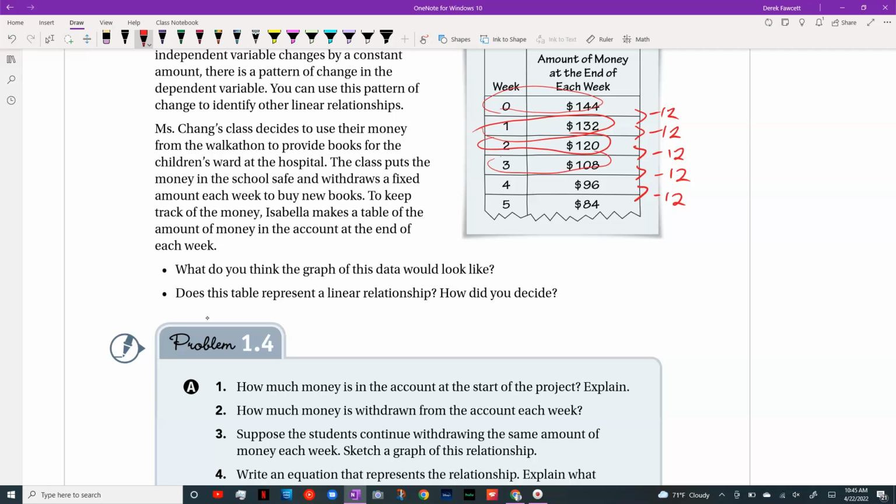What do we think the graph would look like if we plotted those? Right. It would go down because it starts at 144 at 0. Then at 1 it goes down, 2 it goes down. So eventually it's going to run into the x-axis. What happens when you run into the x-axis? Right, you have $0. All right, so that question is going to come into play.